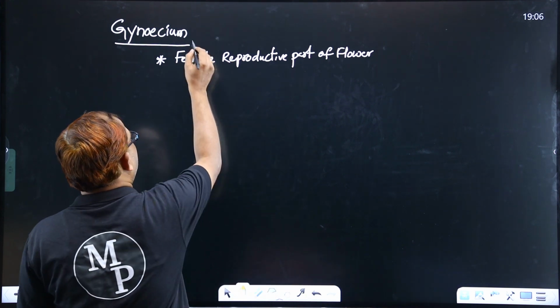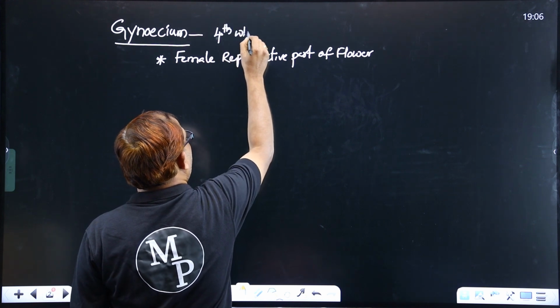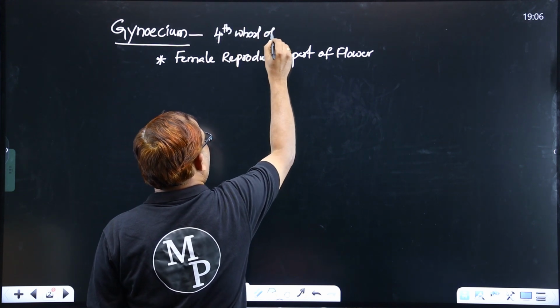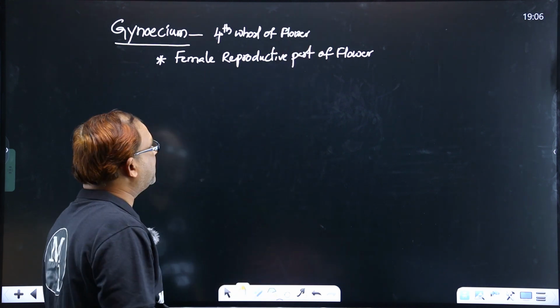So this gynoecium is the 4th whorl of the flower, right?